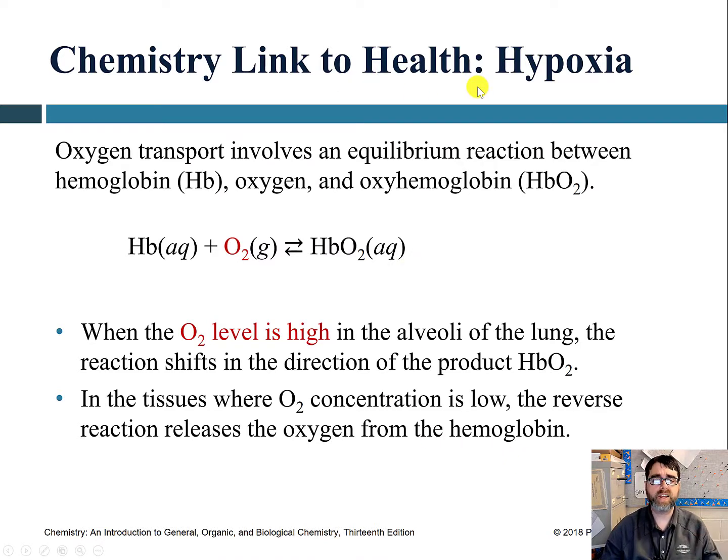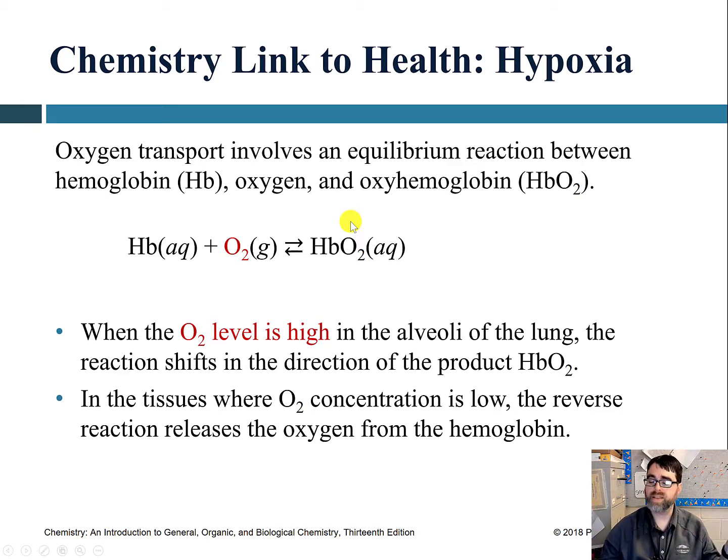In terms of health, since the goal is to get into life processes here, hypoxia, having too little oxygen in your bloodstream, happens. When the O2 level is high, we have no problem forming hemoglobin that has the oxygen bonded to it, which is then what's in your bloodstream and transports oxygen to your cells.